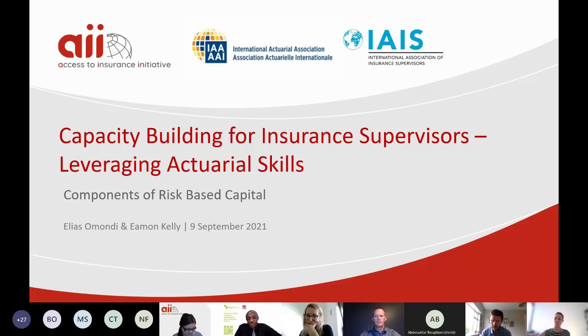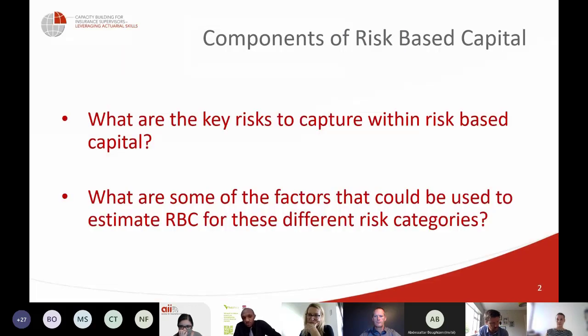So one of the things that we want to discuss today is the components of risk-based capital. When we talk about this, we want to talk about what really builds risk-based capital. And I want to start with a question for all of us: what are the key risks we should capture within the risk-based capital?